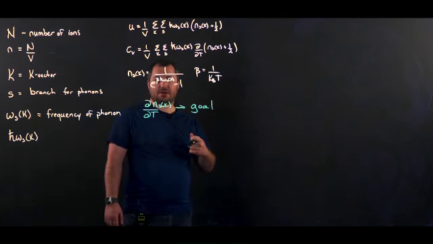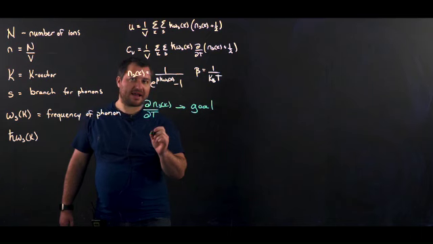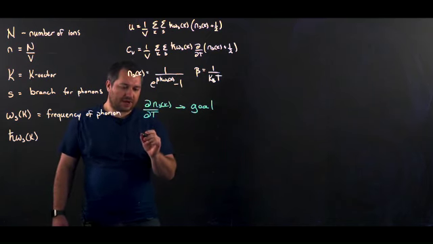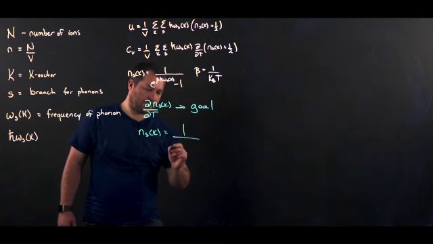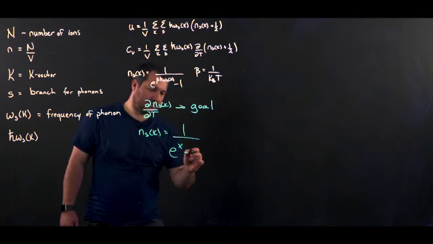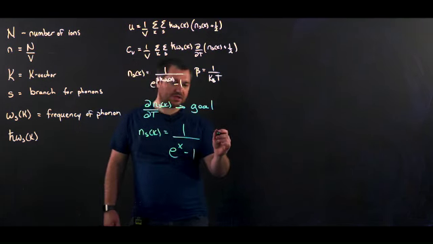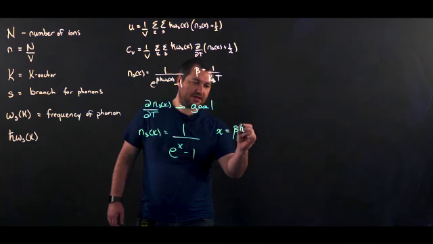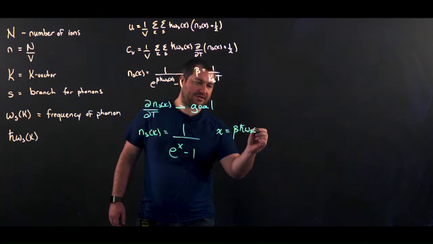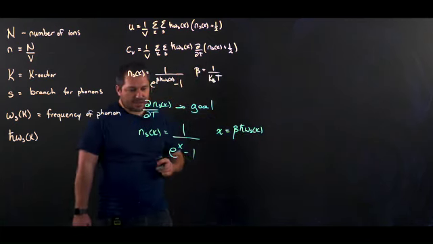So what we'll do is start off by taking this ns of k term, and we're going to make ns of k equal to just 1 over e to the x minus 1. And the substitution that we're doing here then is x equals beta h bar omega s of k.